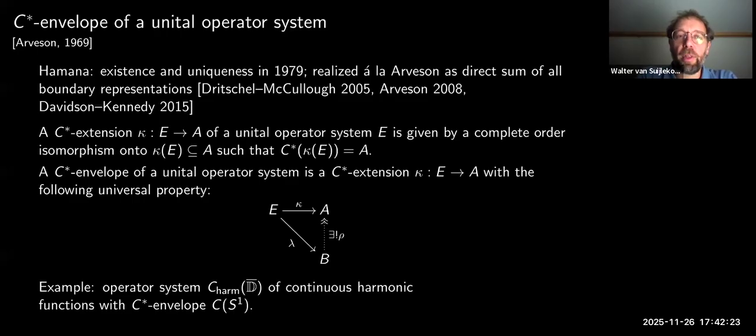The smallest is actually then C of S1. And in the sense of Hamana, what you find is that it's completely irrelevant for the harmonic function to know what happens in the open disk, because you already know what will happen there from the boundary value.